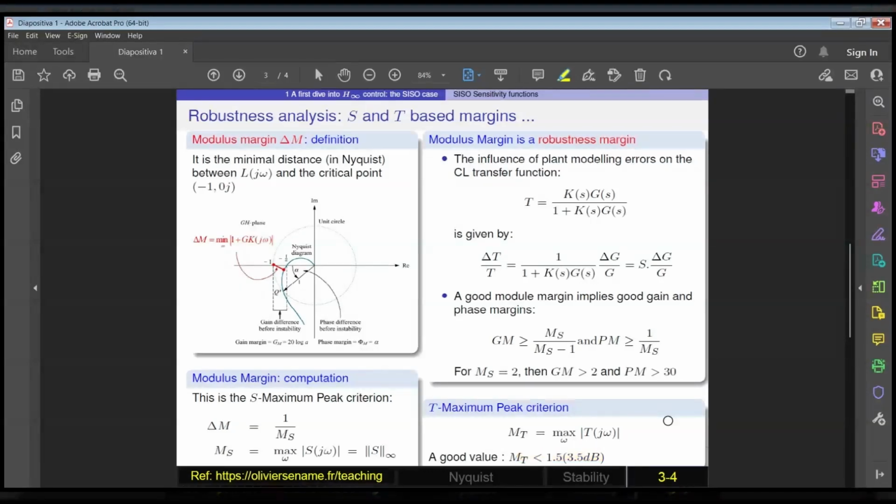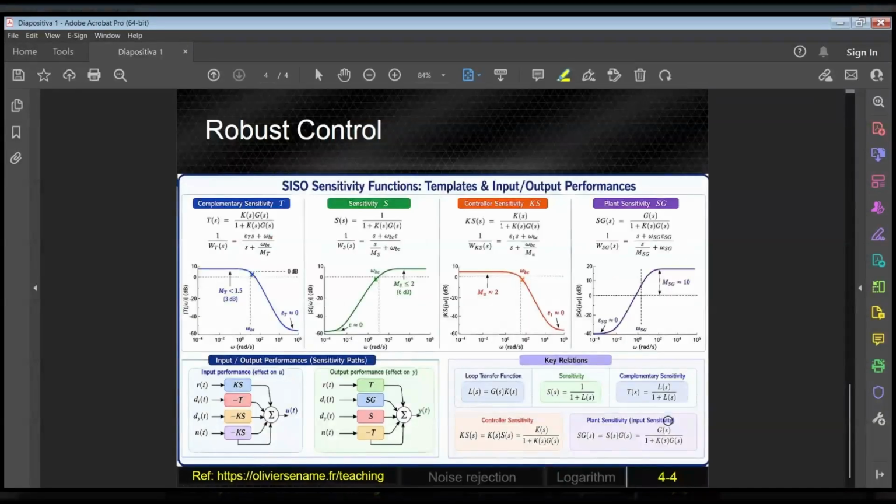Keeping these values under 2 and 1.5 usually provides a good balance between performance and robustness. Let's now summarize the desired behavior of all sensitivity functions, starting with the complementary sensitivity function T. At low frequencies, we want T to be close to 1 because this guarantees reference tracking.